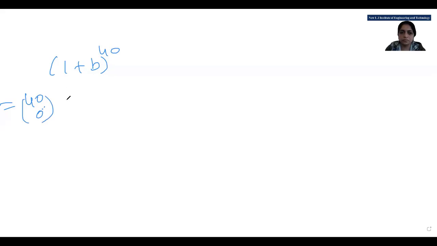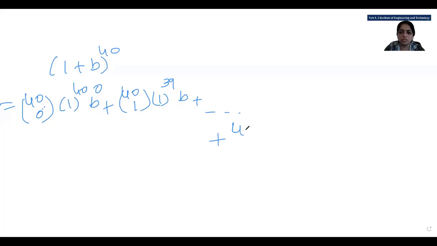Then 1 raised to 40 minus 0, that is 40, b raised to 0, plus 40C1, 1 raised to 39, b raised to 1, plus up to the last one, 40C40, 1 raised to 0, and b raised to 40. Okay, so Jay, this is the way when you are applying the binomial theorem.